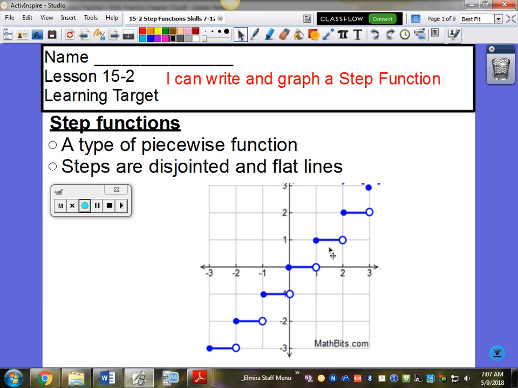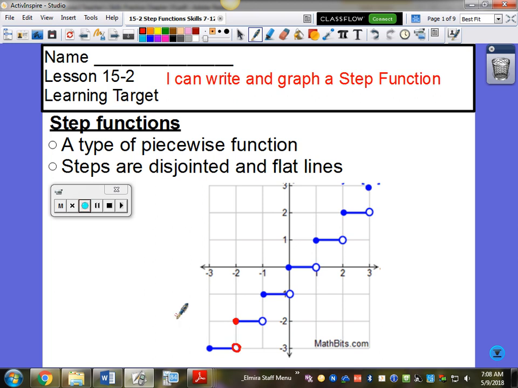They are disjointed, which means that one step does not connect or join to another, and they're flat. One thing to note is that from one step to the next, there is a filled-in circle for one and an open circle for the other.